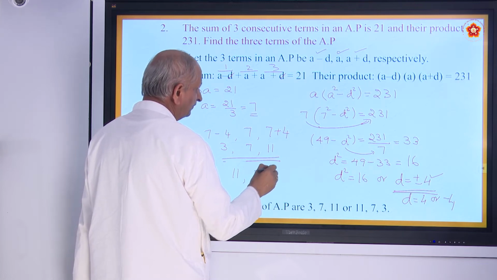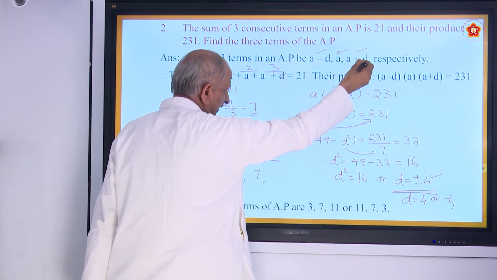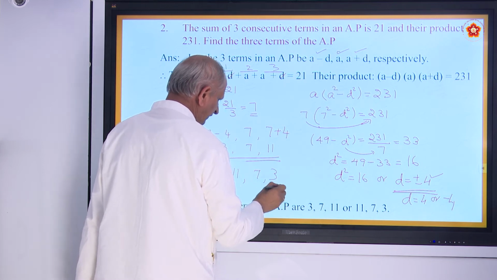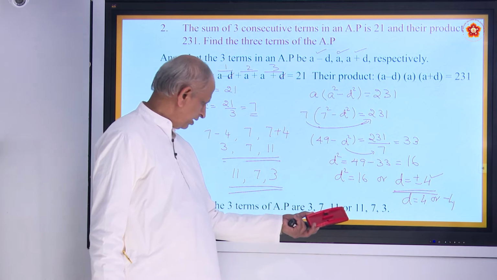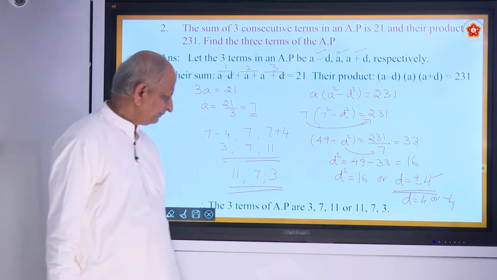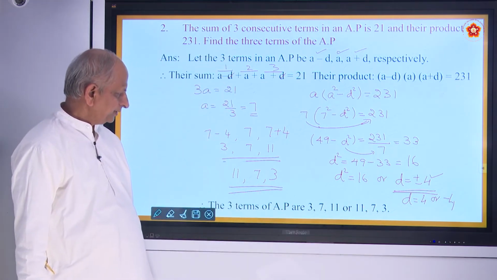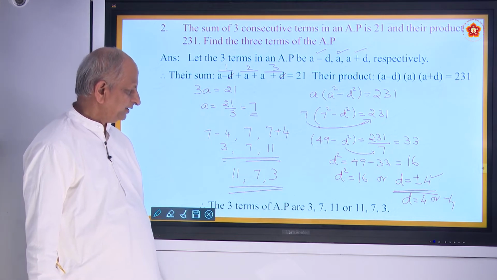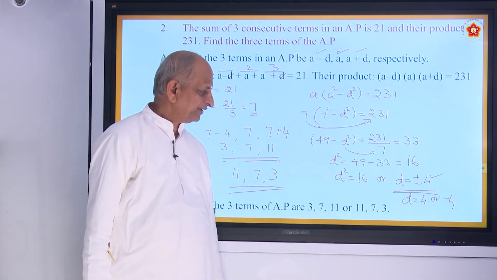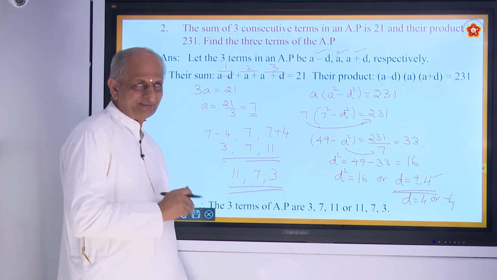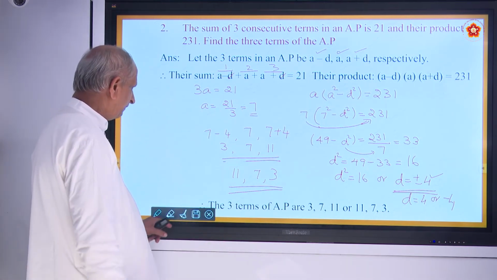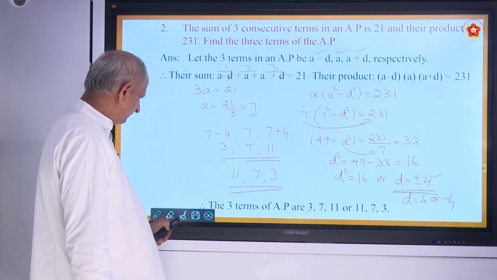A as usual, this is 7 minus 4, that is 3. So reverse. So set is 3, 7, 11 or 11, 7, 3. Is it alright? You have done it, I think. Some of you have done it because same type of problem you have worked out in the previous class.